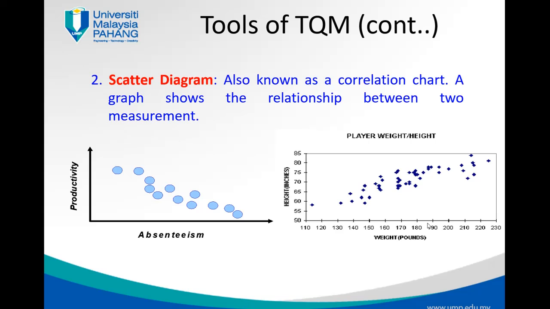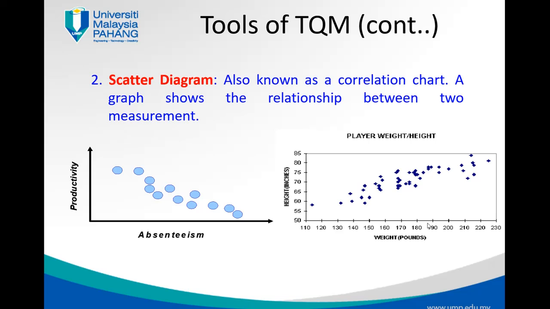The second tool is the scatter diagram. This one is also known as a correlation chart. A graph that shows a relationship between two measurements. So basically for a scatter diagram we want to monitor the pattern of the parameter that we observe.